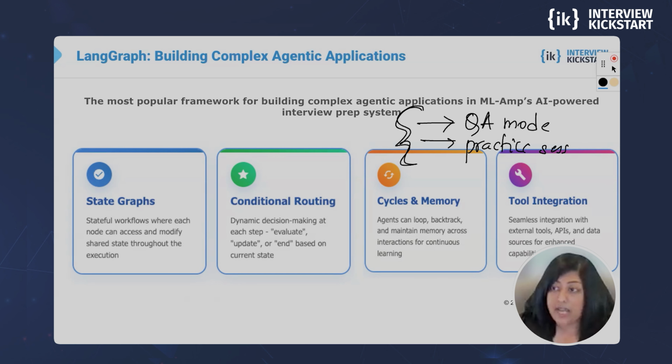Now, a couple of quick things as background on LangGraph. Right now, LangGraph is a very popular framework. It's used for designing complex agentic applications, and MLAMP is leveraging LangGraph. Why? What is beneficial about LangGraph? At the heart of any LangGraph application is the state.